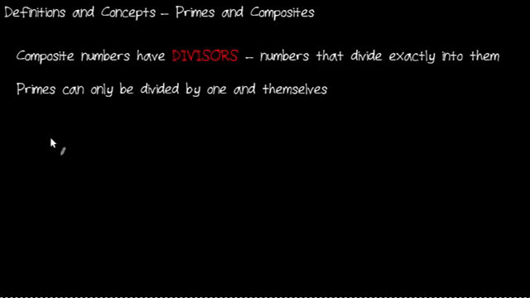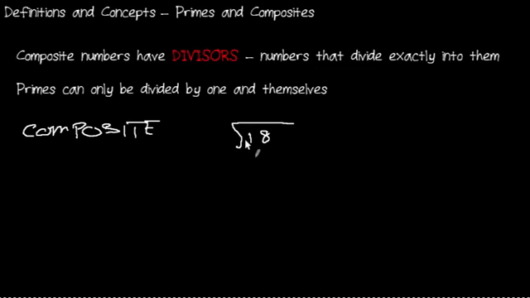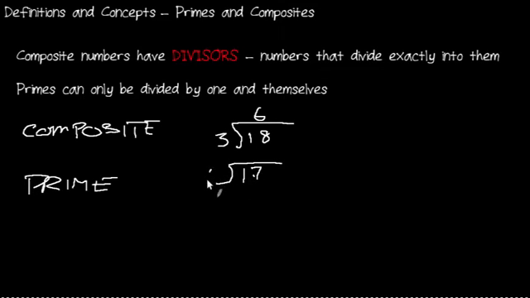We remember that 18 was a composite. 18 can be evenly divided by, for example, 3. 3 into 18 goes 6, whereas a prime number like 17 can only be divided by 17 and 1. A prime number can only be divided by 1 and itself.